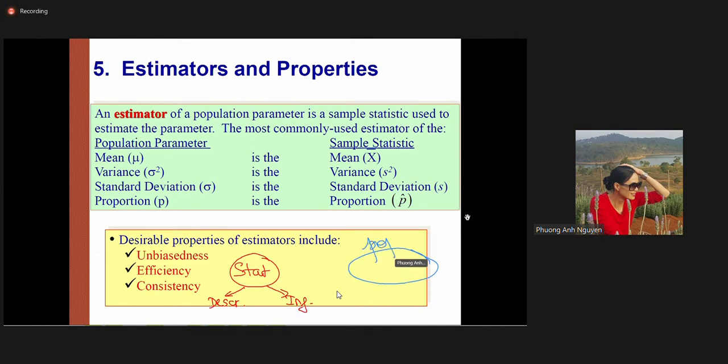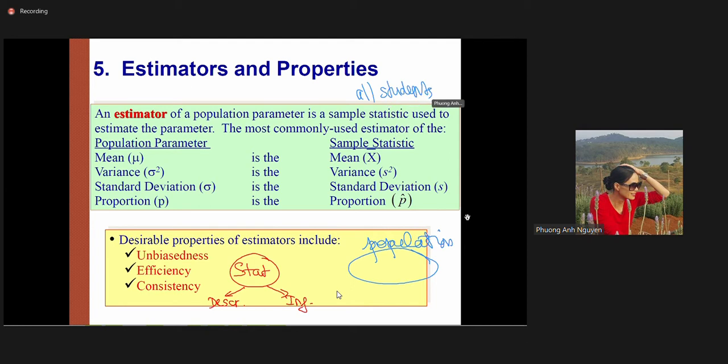Again, the population is the set of all objects or people of your interest. Very often the population is very big, like the population of all students in Vietnam.